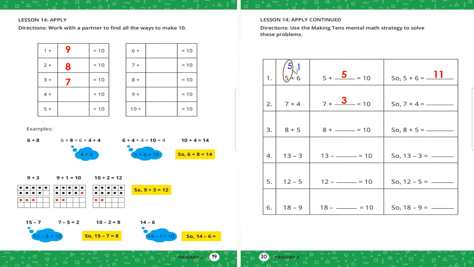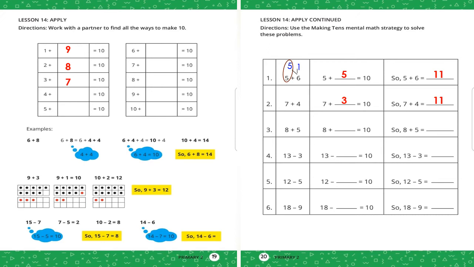Here we have 7 plus 3 equals 10. And there is 1 remainder. So 10 plus 1 equals 11 also. Okay? You can complete number 3 by yourself.